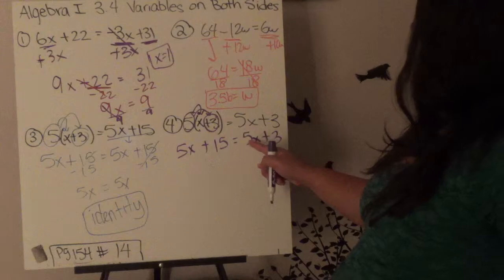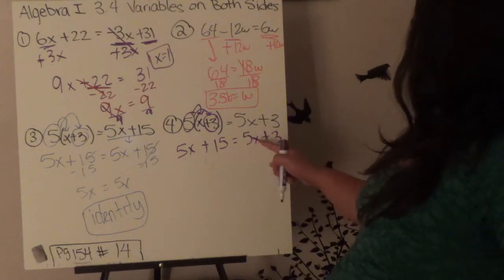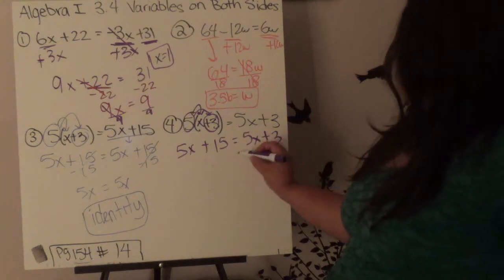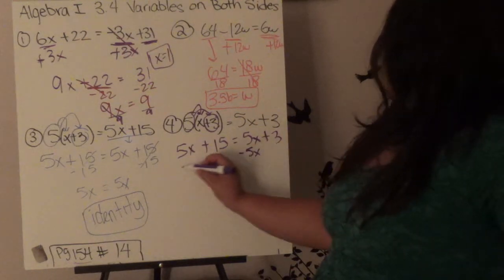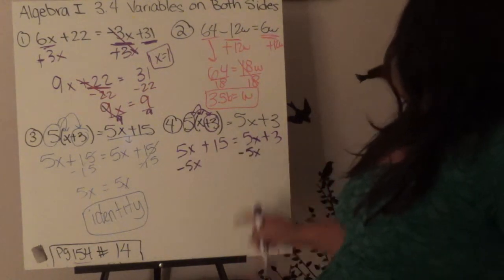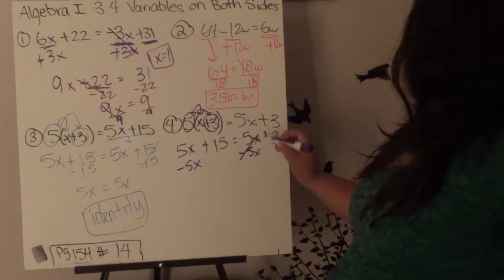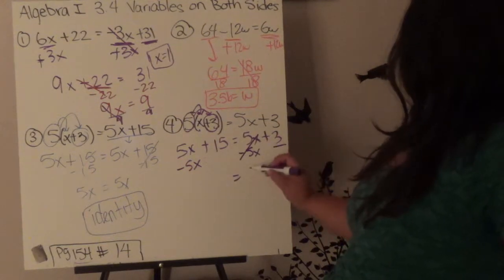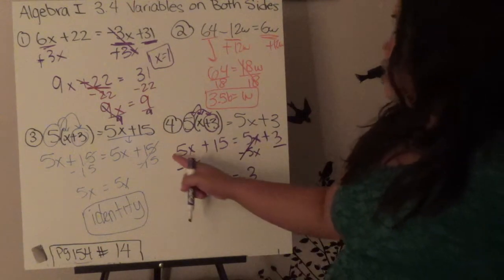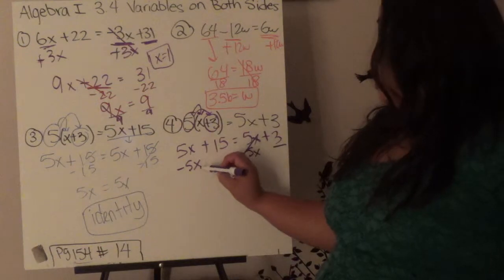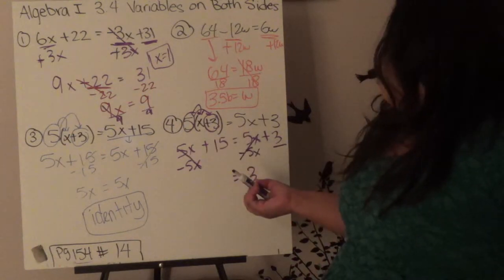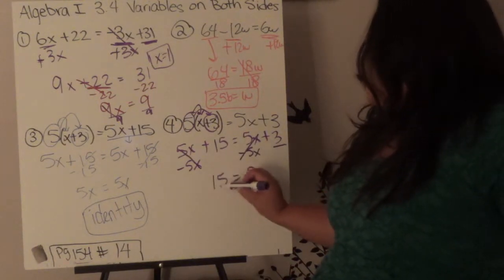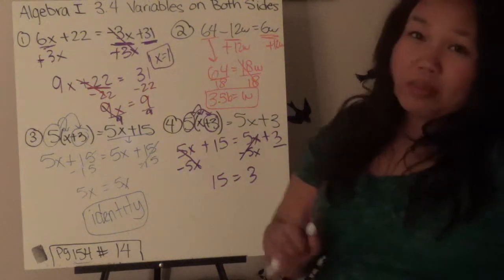So if this is being attached by a positive 5x, I'm going to subtract 5x from both sides. Okay? So 5x minus 5x cancels out, and I end up with just 3. Now this 5x unfortunately also cancels out, so I got rid of all my x's and I end up with 15 equals 3.